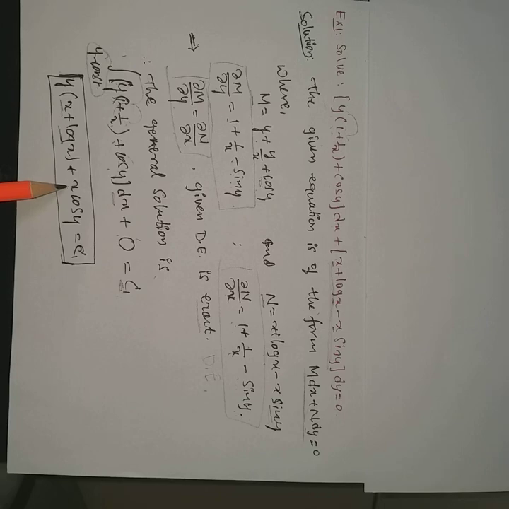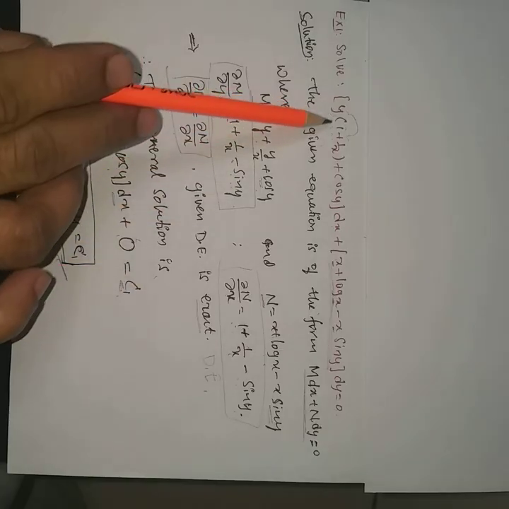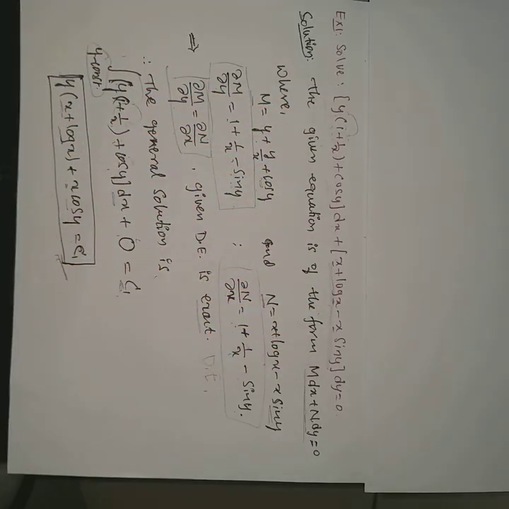Rearranging the terms, you can write it as y x plus y log x plus x cos y is equal to c. This is the required general solution of the given differential equation.